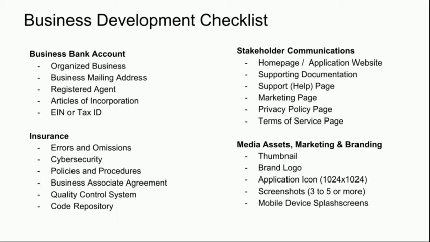You're probably going to want some type of insurance for this. You're going to want errors and omissions. You're going to want cybersecurity. You're going to want your policies and procedures for HIPAA. We're going to talk about some of that, quality control systems, more in a bit.